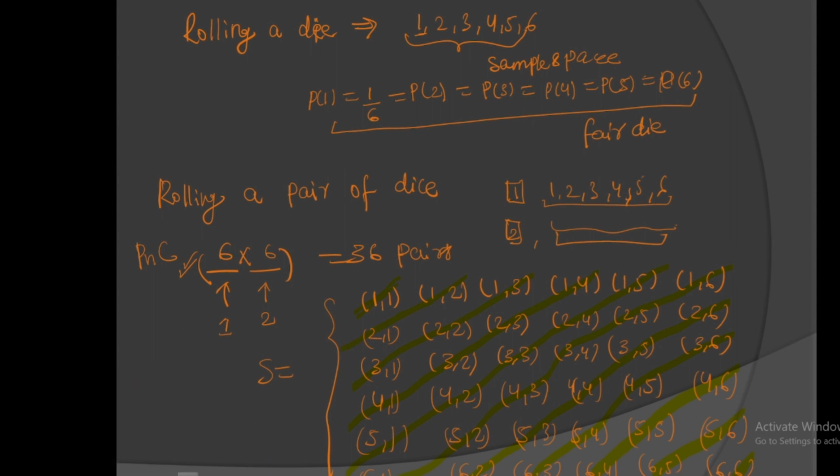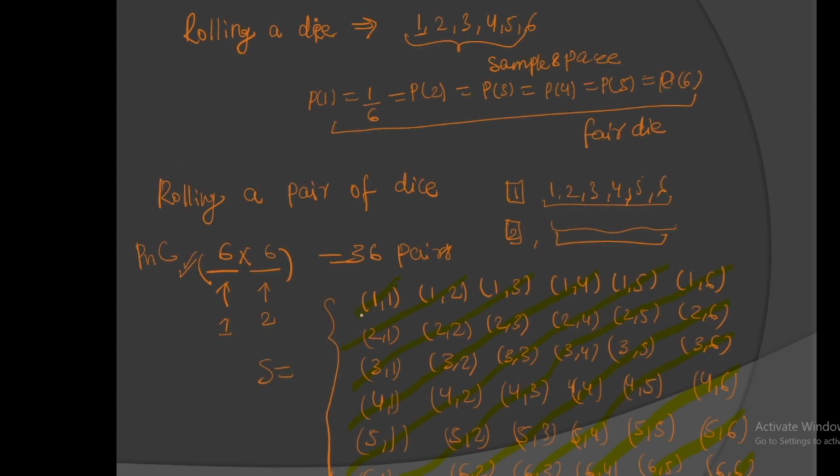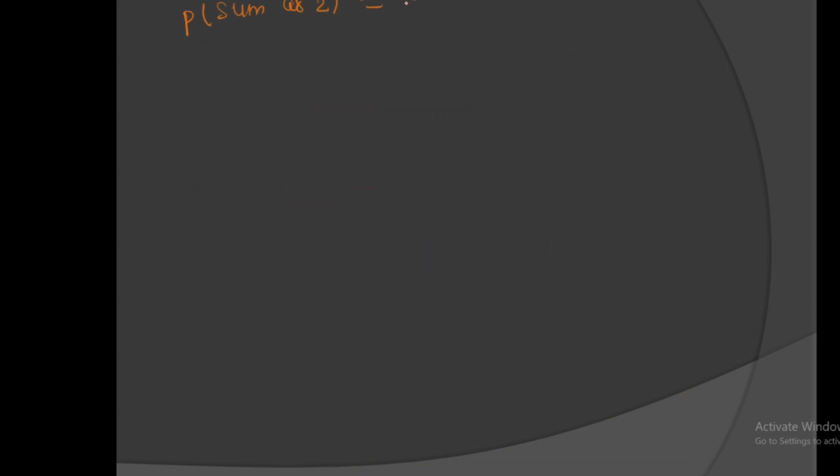The probability of getting a sum of 2: how much is it? We have sum as 2 in only this case. So the favorable outcome is 1 and the total outcomes are 36, so 1 by 36. Probability of getting a sum of 3: how much?